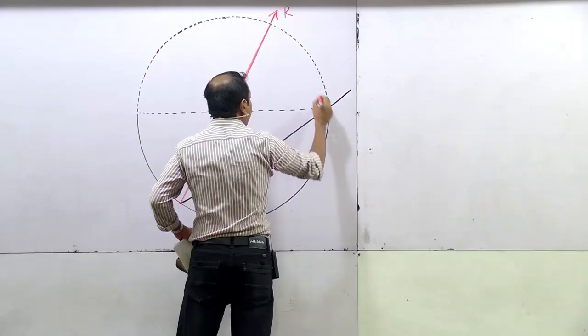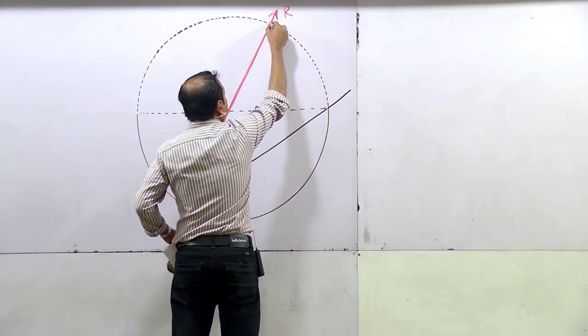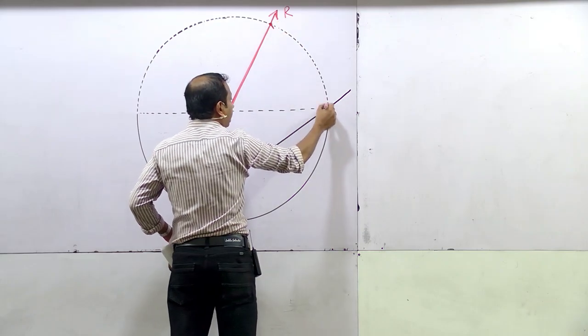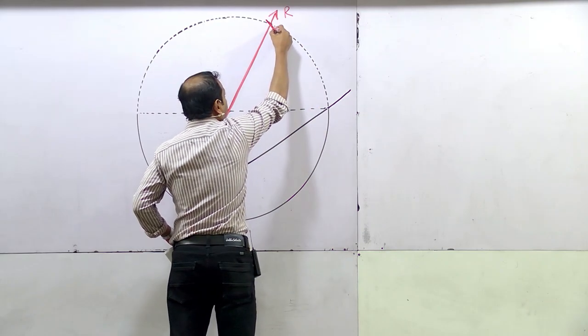R. Here the reaction should pass through this point, because the reaction here is perpendicular to the rod like this.